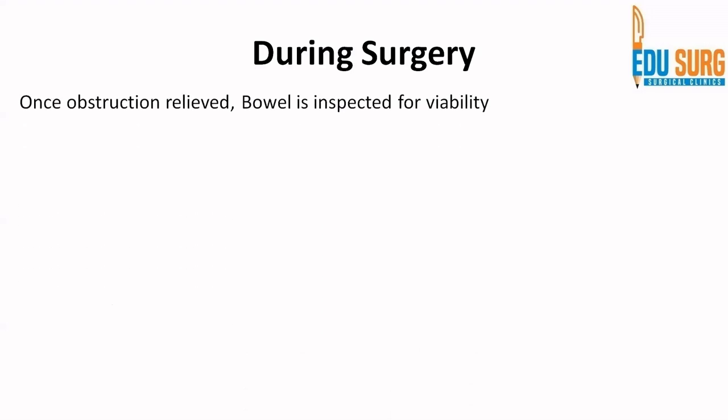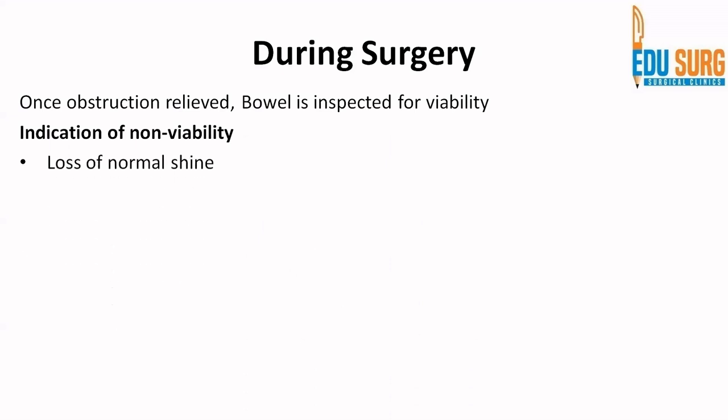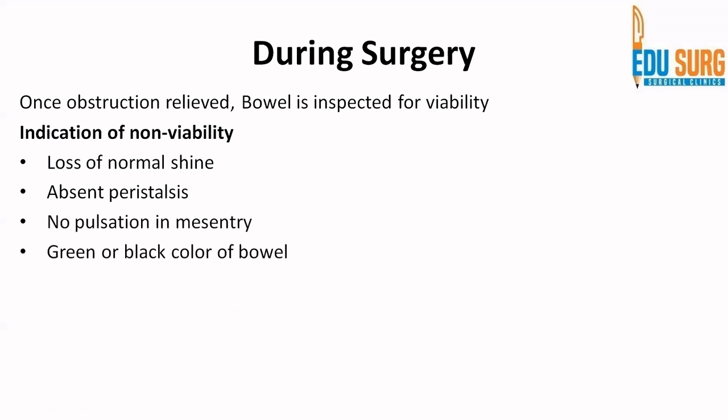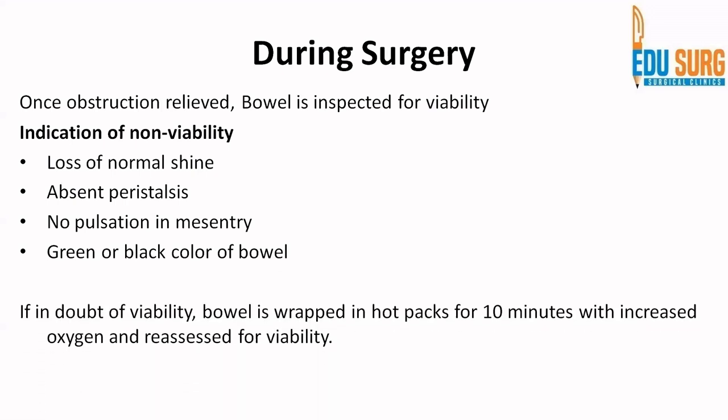Now, during surgery, once the obstruction is relieved, you need to inspect the bowel for viability. This is more common in closed loop obstruction or band adhesions. If the bowel looks non-viable, the indications are loss of normal shine, absent peristalsis, no pulsation in the mesentery, and green or black color of the bowel.